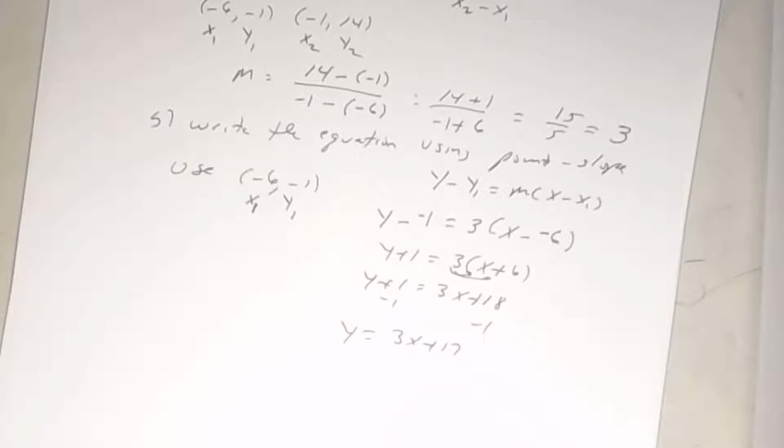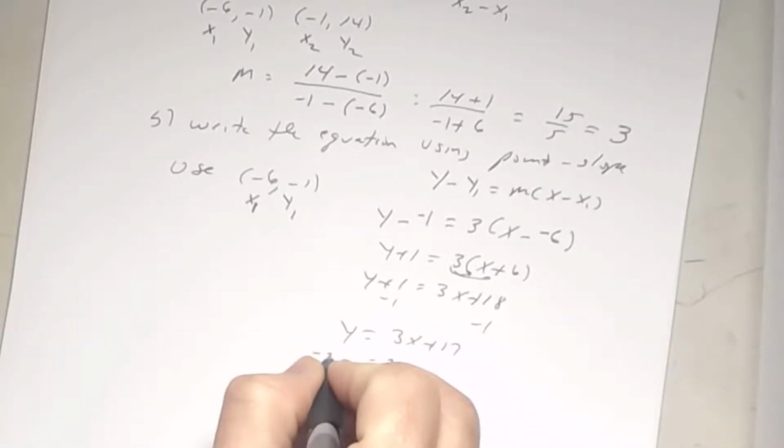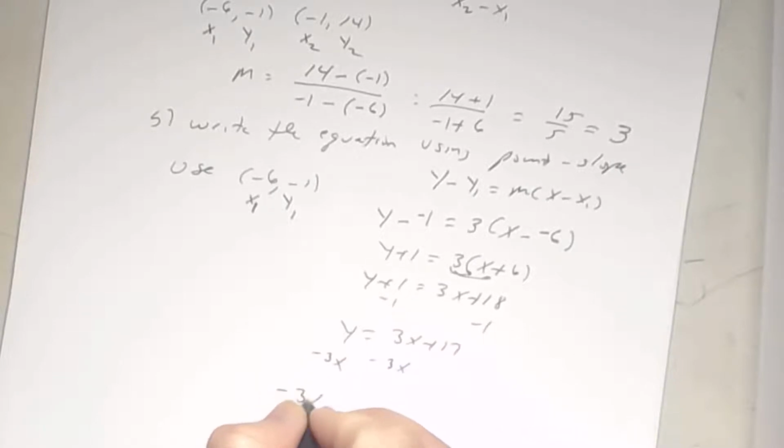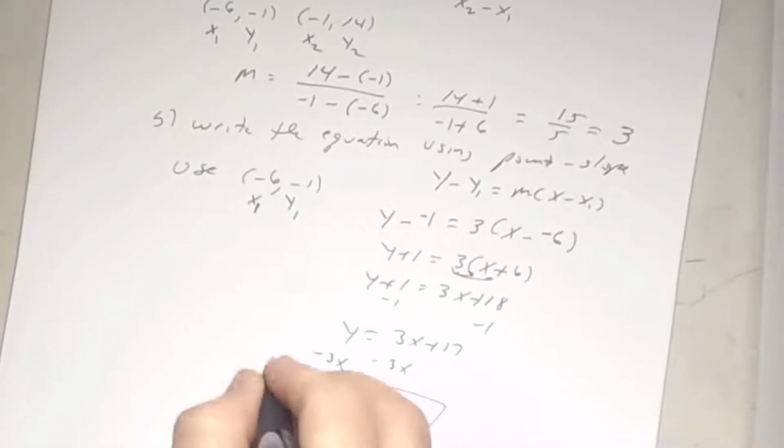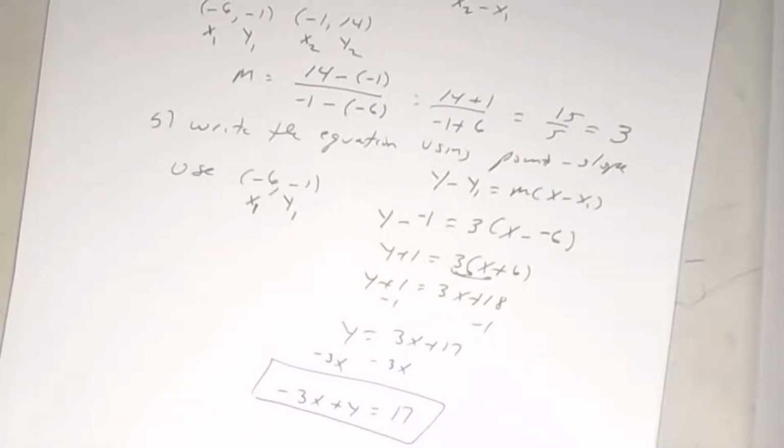So standard form just says bring all the variables to one side, the constant to the other, and make sure that everything's an integer. So basically all you're going to do here is subtract 3x from both sides. And so I get negative 3x plus y equals what? 17. Right. That's all you do.